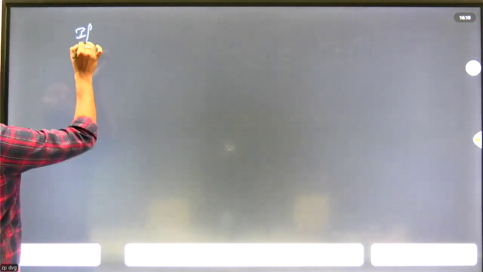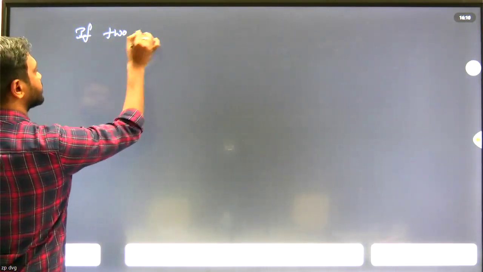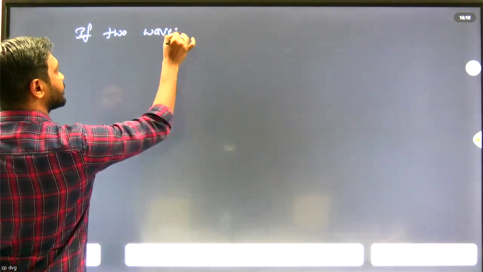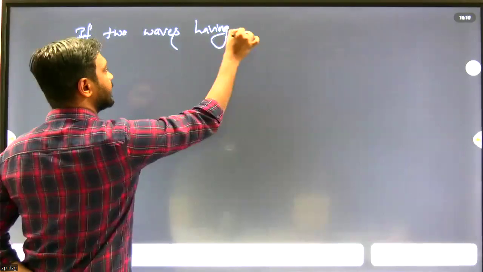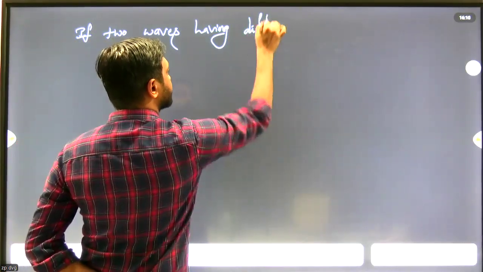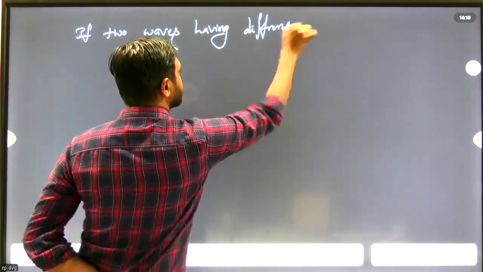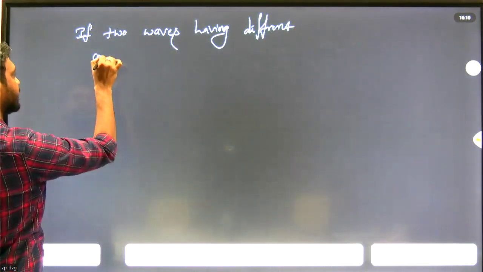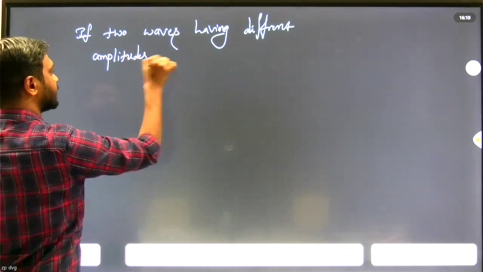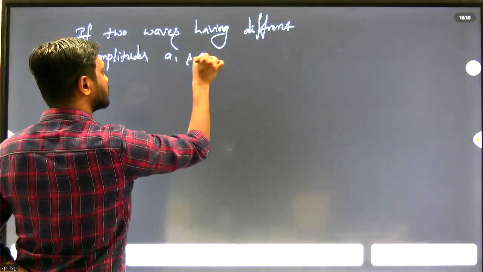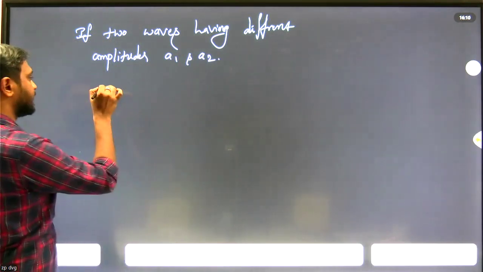The next one: if two waves have different amplitudes, a1 and a2, what is the resultant wave?